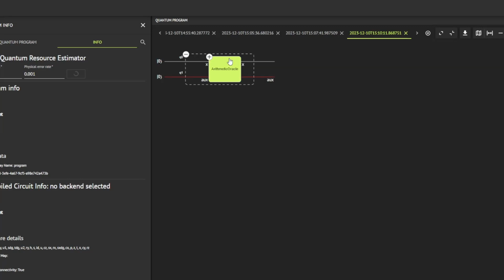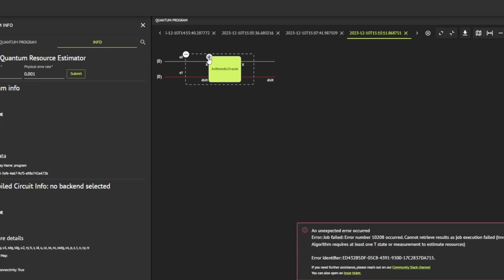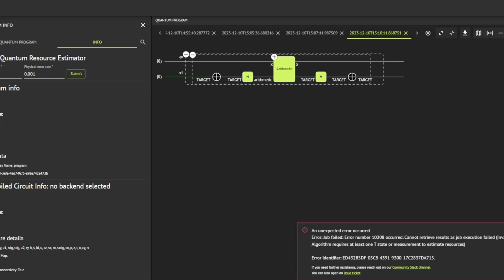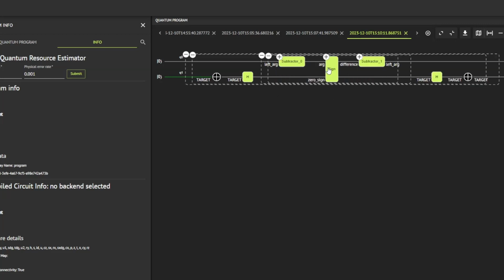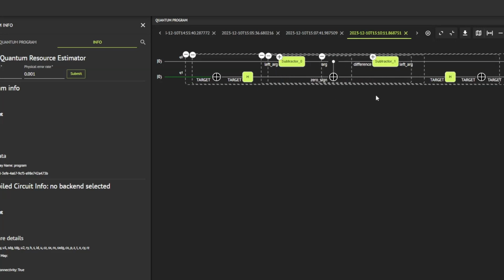Okay, so now we can see that this is our arithmetic oracle, and this is the input register x which we specified. Now if I expand the arithmetic oracle, we can see that this part is automatically taken care of by the arithmetic function. If I expand further, then we can see this. You may wonder, while seeing the oracle, why we have two subtractors here.